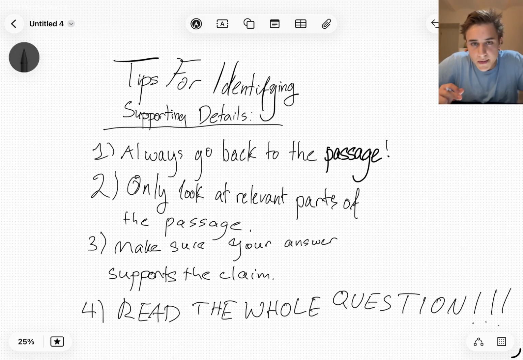So tip 3 is make sure your answer always supports the claim. A lot of the time they're going to put true pieces of information, evidence you can actually find in the passage, that don't support the claim you're trying to support. For example, if the question was, why did Stephen take an umbrella outside with him?